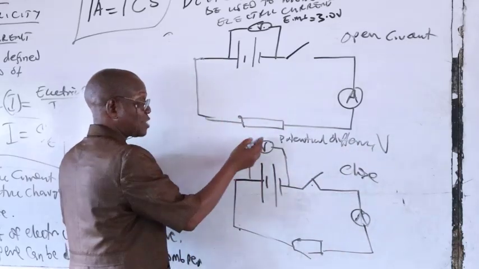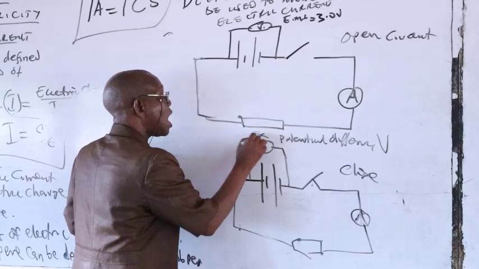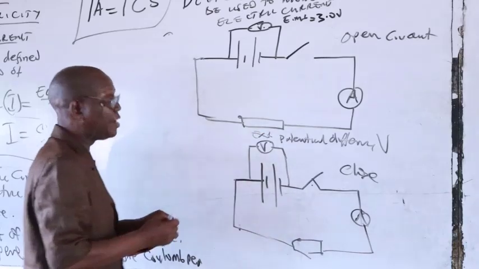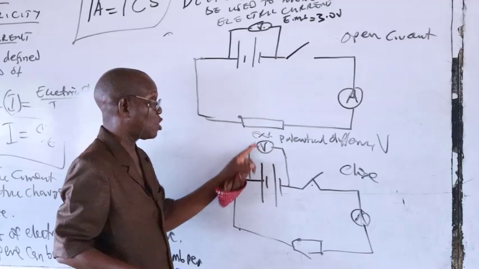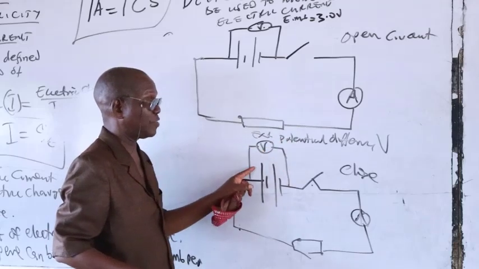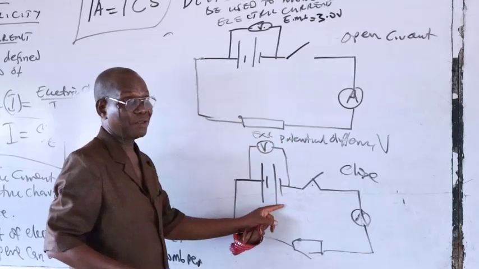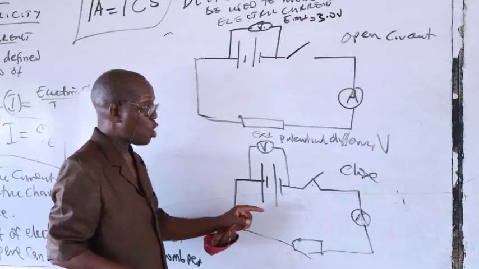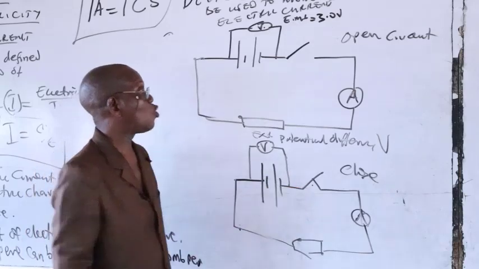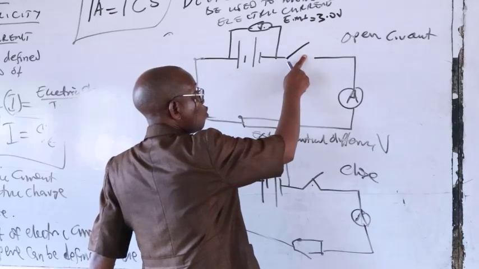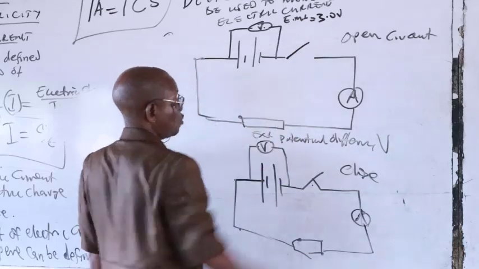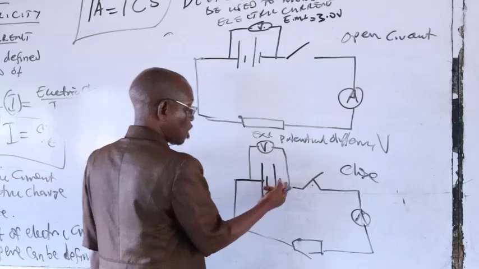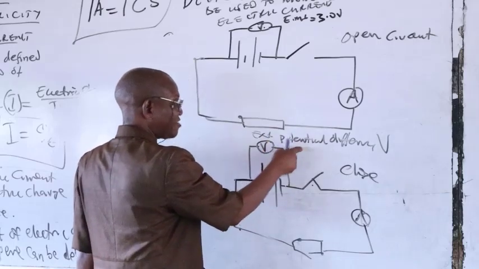Or you can refer to it as external potential difference. The reading this value will give to us will be called potential difference. That's external. When the circuit is open, we call that electromotive force. When the circuit is closed, we call this one external.